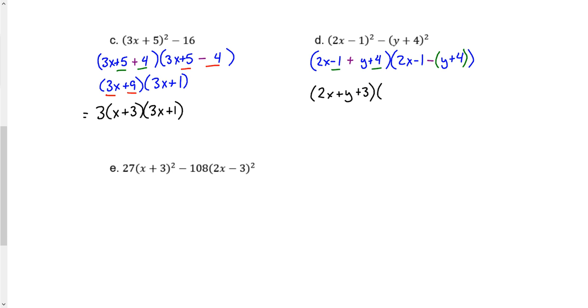In this second set of brackets, though, we can treat it in two ways.